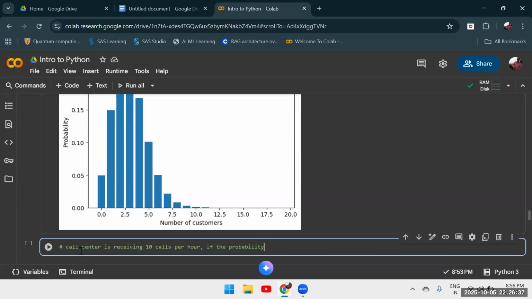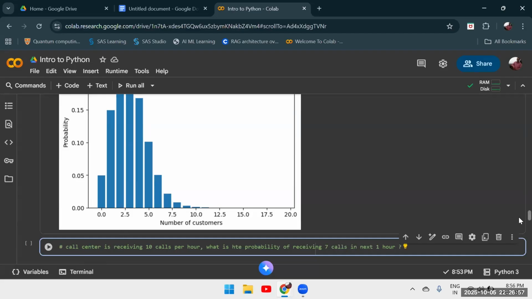What will be the probability of receiving 7 calls in the next 1 hour? So this is my question, Sashi, Raghav.